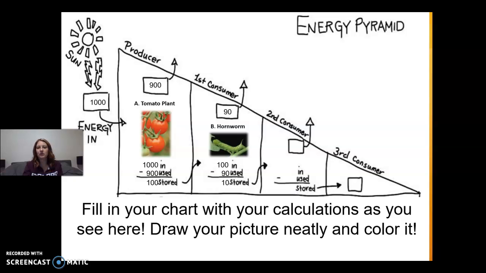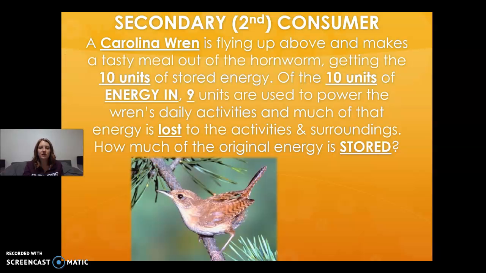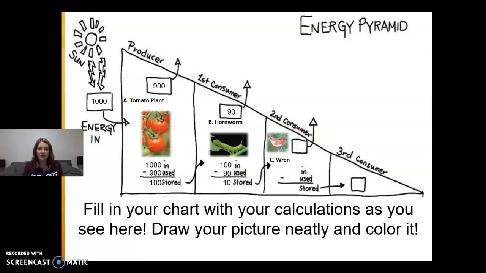The next trophic level, we have our secondary consumer, which is a Carolina wren. It's a bird. The bird will receive the 10 units of energy, but again, it needs 90% for itself so it can fly, eat, hunt, and reproduce, and that wren will then give off 10% of its energy to the tertiary consumer.